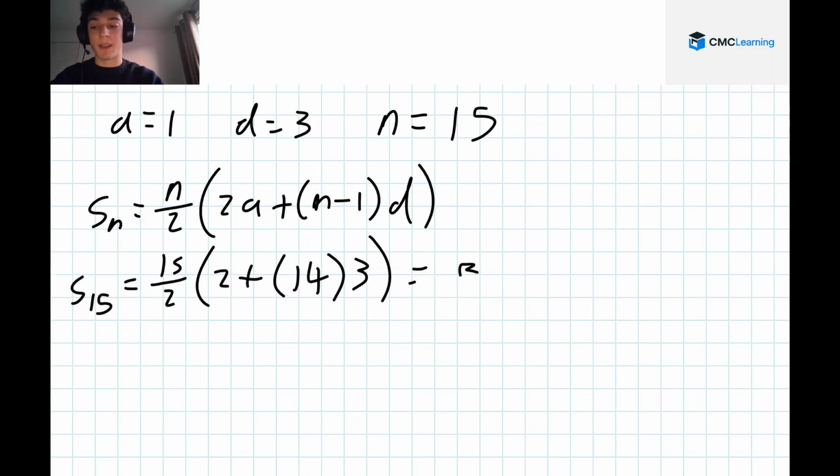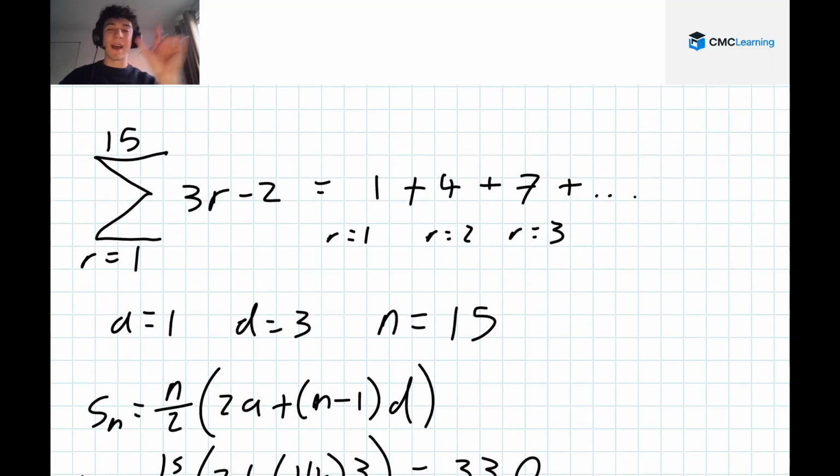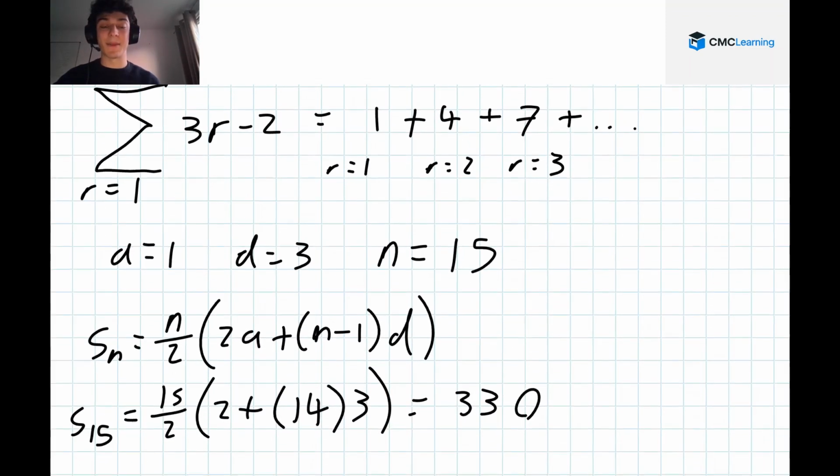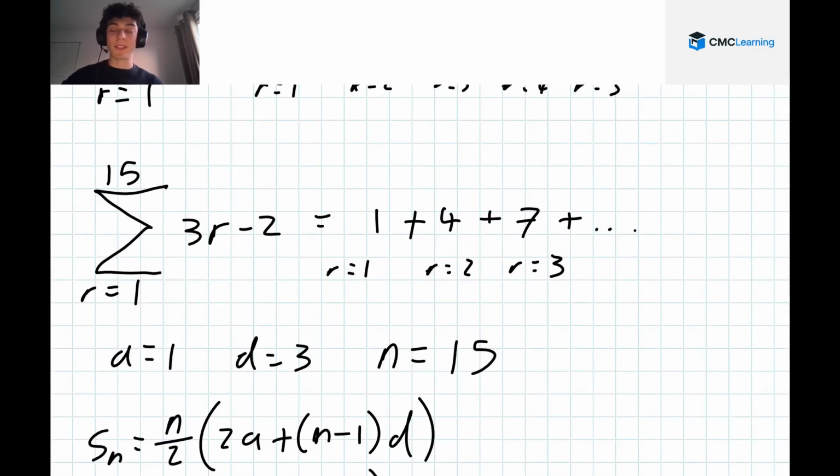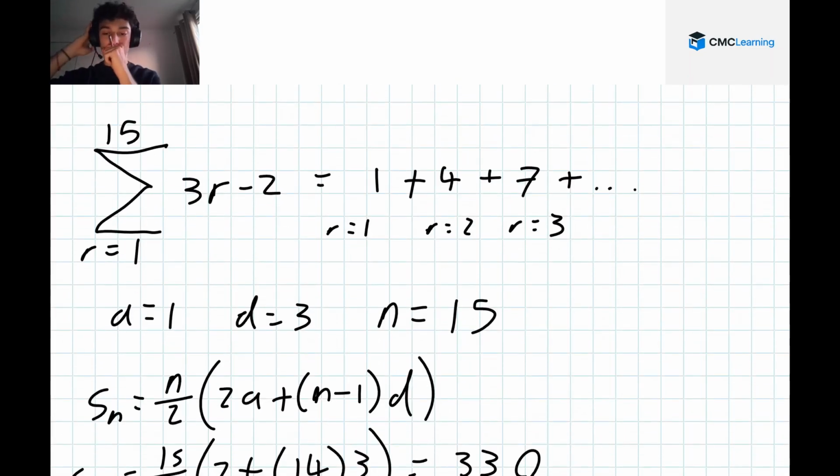In this case, we get 330. Just by looking at this number, you can probably tell it would be quite difficult to add up 15 of these terms all together just to get to 330. And hopefully we've seen that there's a certain format of terms in the argument of this sum that are quite useful to us.